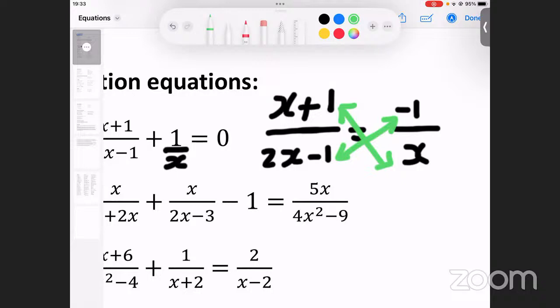I understand, sir. Yes, sir, I don't understand your method. Is it on this question that I said over x?